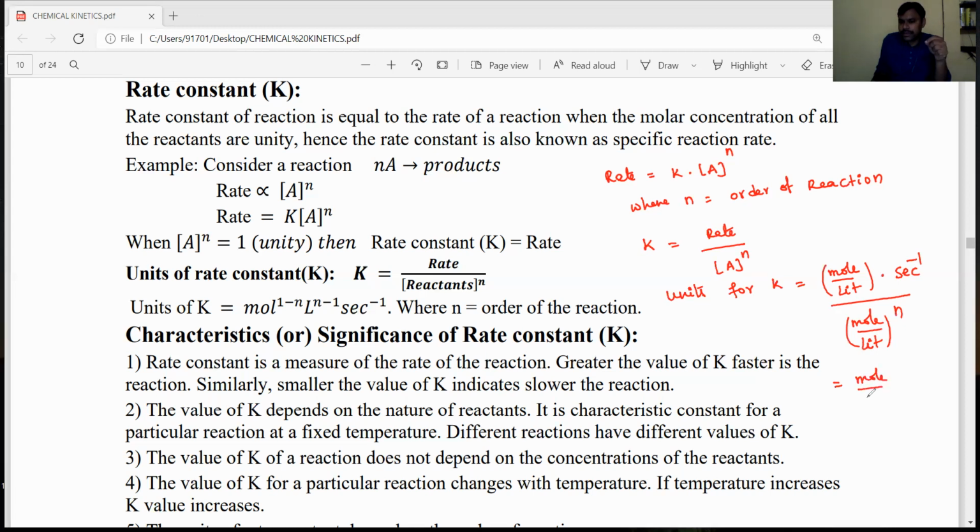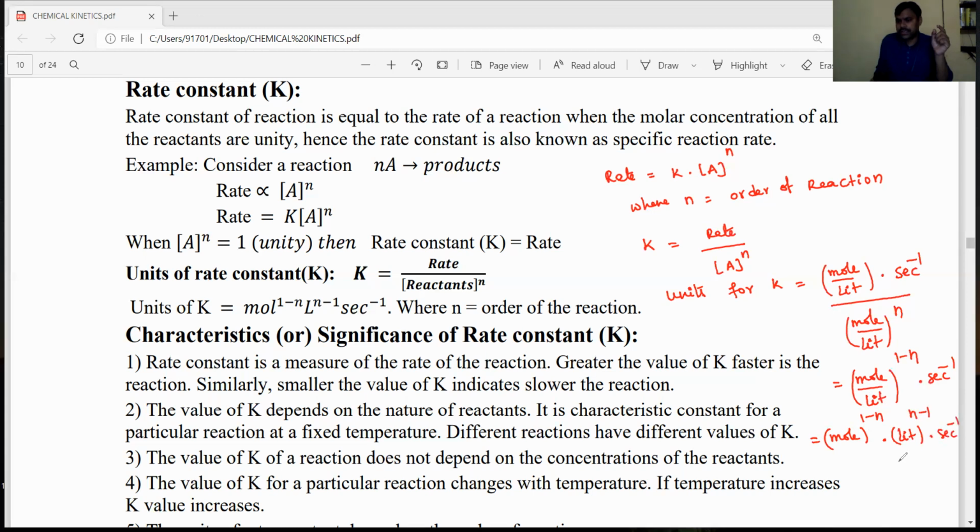mole per liter to the power of 1 minus n into second inverse. So if you simplify this, it is nothing but mole to the power of 1 minus n into 1 by liter. 1 by liter means liter inverse, so liter inverse means minus 1 plus n, liter to the power of n minus 1, second inverse.